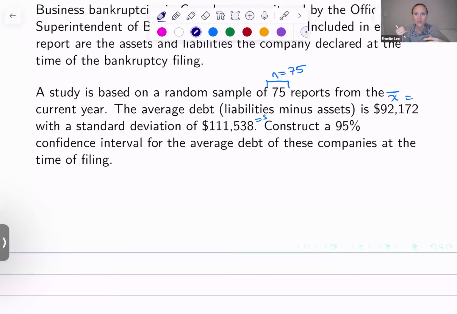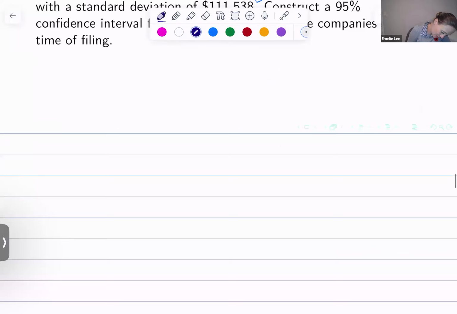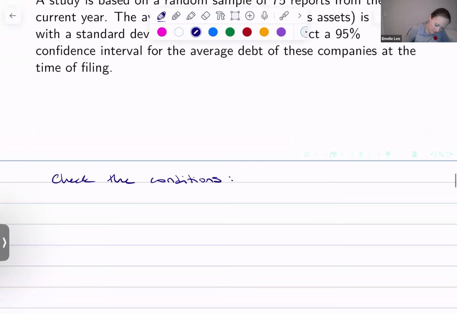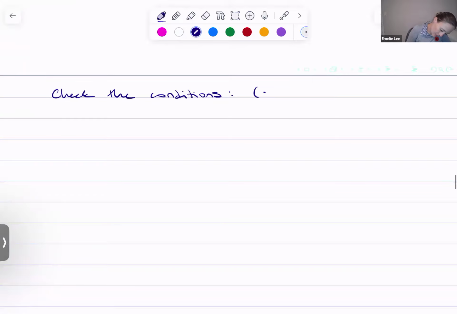Again, like the chi-squared, we have the same conditions that we need to check, unlike proportions, right, where we have different conditions that we check depending on what we're going to do. And so here to check our conditions, it's the same as the hypothesis testing conditions.